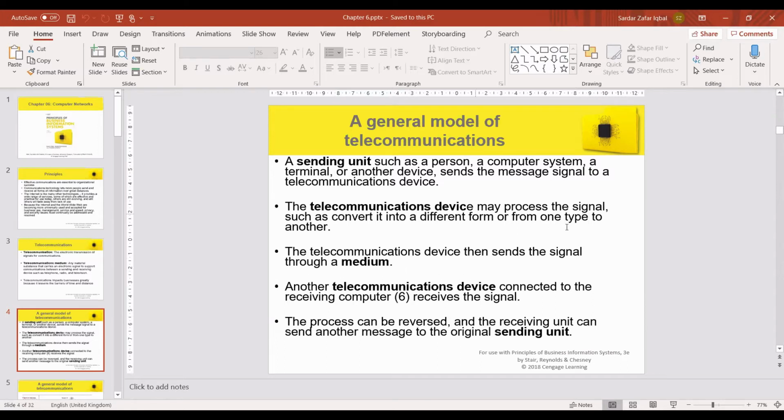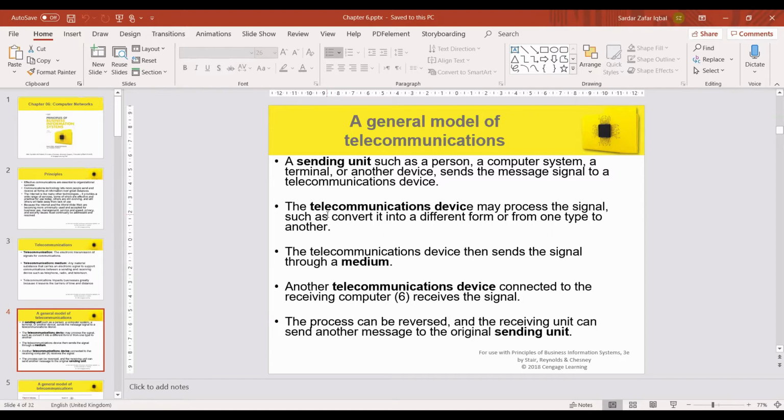Telecommunication device like modem may process the signal, such as convert it into a different form or from one type to another. So sometimes we need to transform the type. For example, you are working in a C++ program, so you are writing code in high level, and you have to convert that into some form in machine language so that computer can understand.